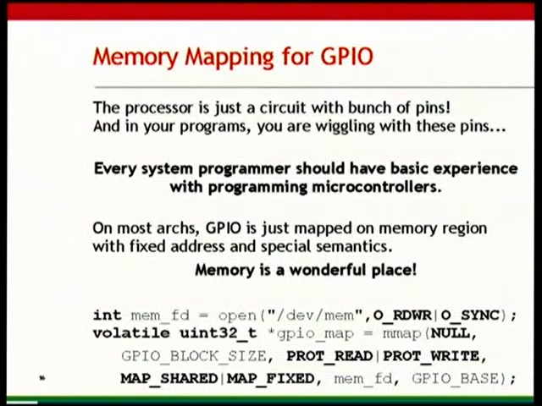The third parameter is what kind of things we want to do with the memory. Here we want to be able to read from the memory, to check the current state of the GPIO pins, and to write to the memory, to change the value of the pins or the mode of the pins, and so on. What's missing is one other thing we could want to do: execute code there.